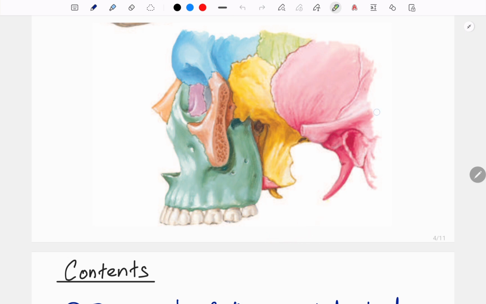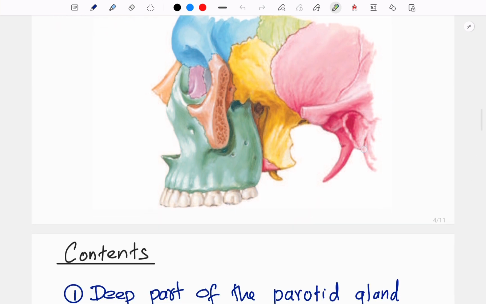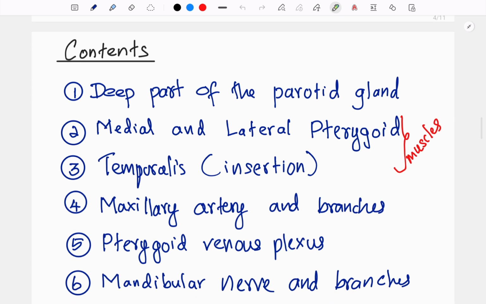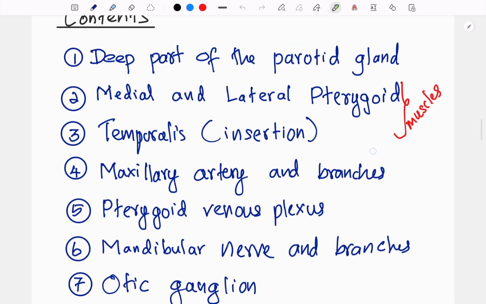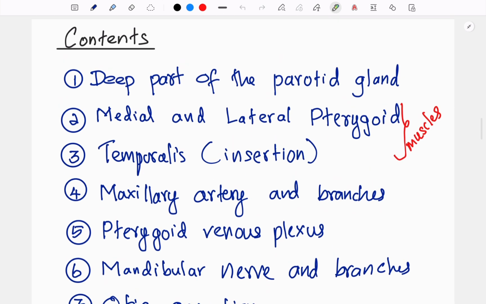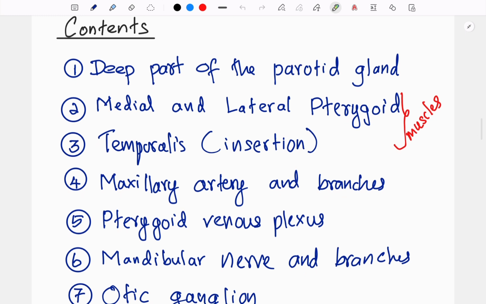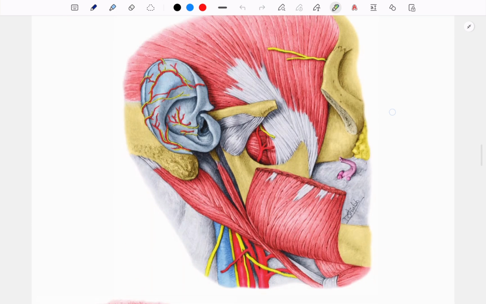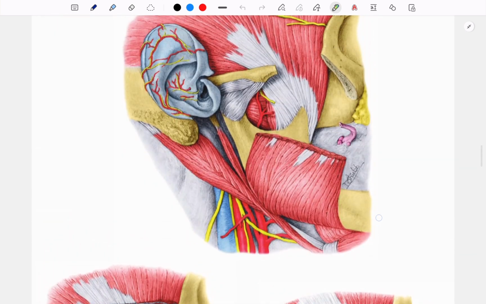So now you know the borders of the infratemporal fossa. Now let's see quickly what the contents of the infratemporal fossa are. The contents are mainly the deep part of the parotid gland, and there are several muscles.